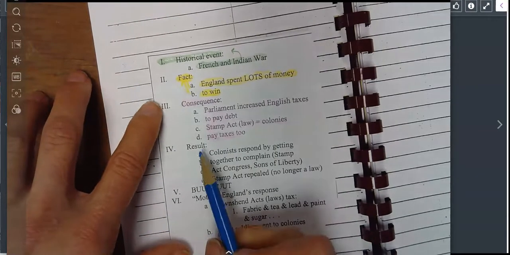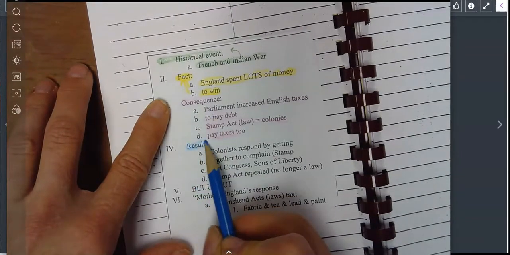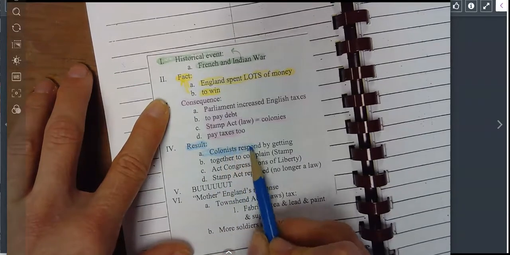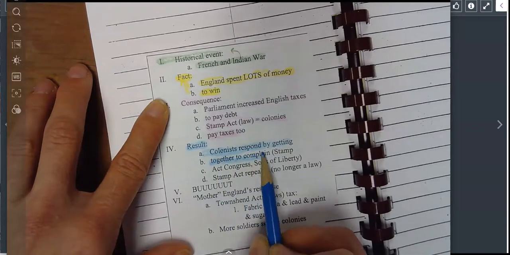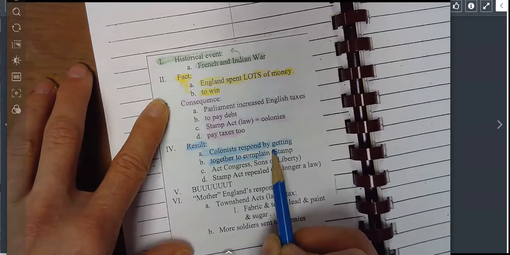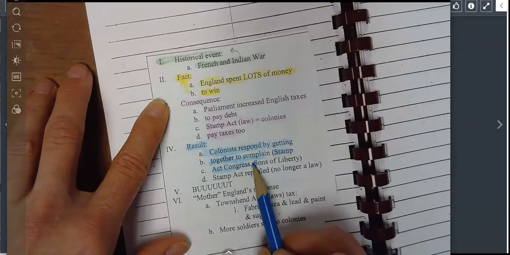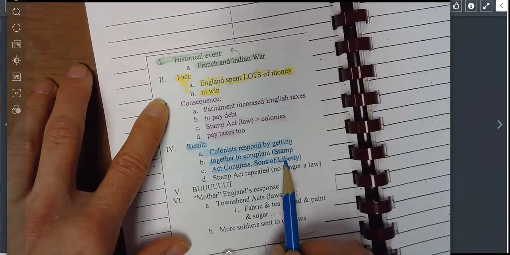What resulted then from the Stamp Act? The idea that colonists had to pay taxes too. The colonists responded. How? They got together to complain. They called this gathering the Stamp Act Congress, and they had groups of people that were not just mad about the Stamp Act.